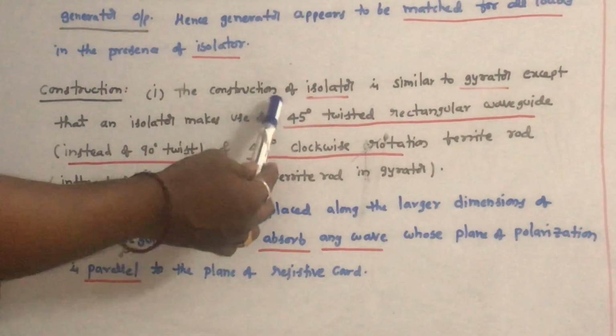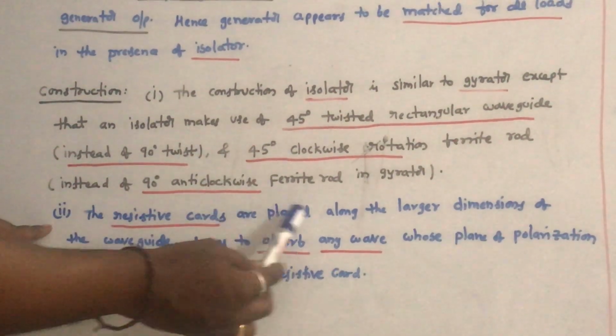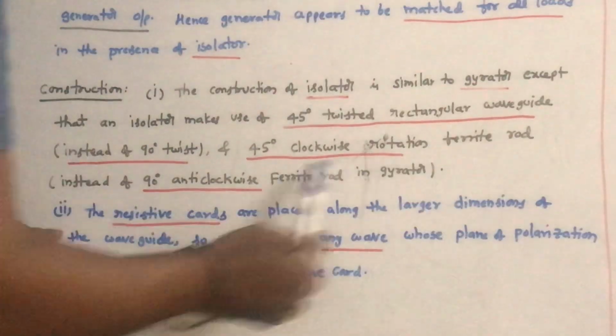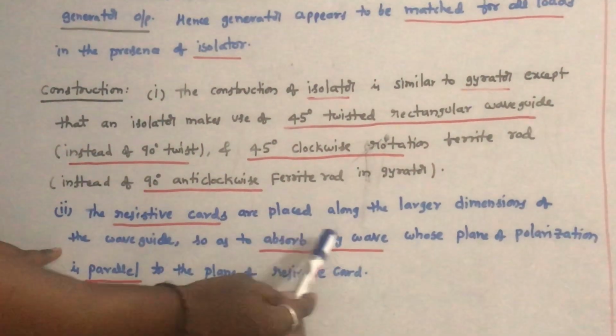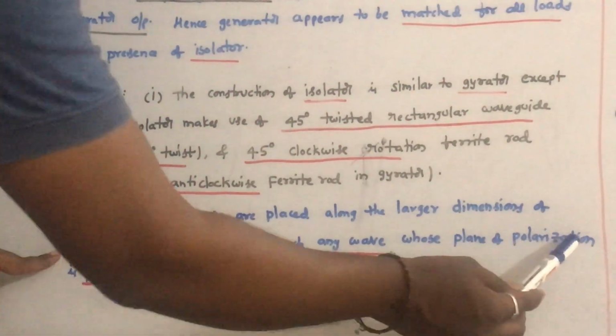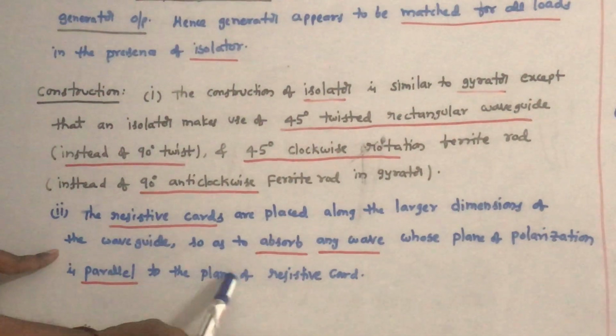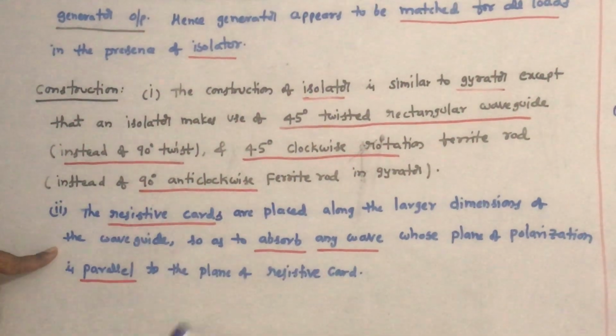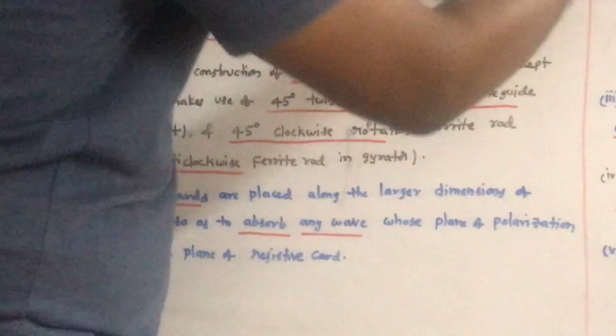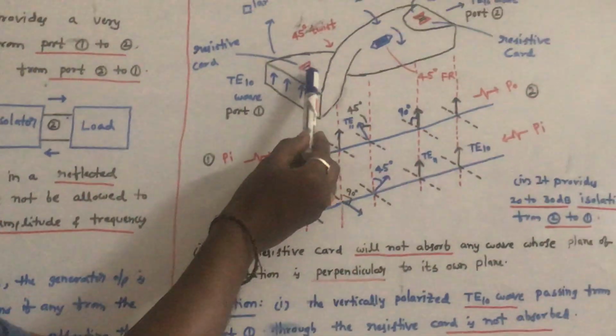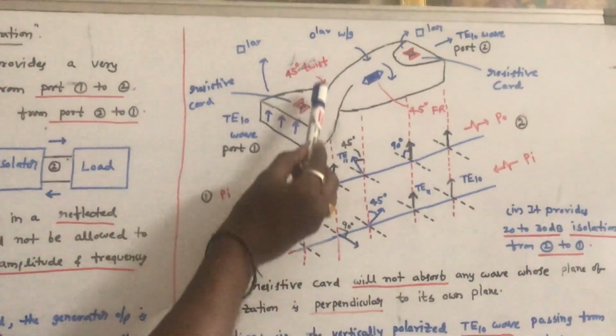In addition to this, resistive cards are placed along the larger dimension of the waveguide so as to absorb any wave whose plane of polarization is parallel to the plane of the resistive card. You can clearly see in this diagram two resistive cards, in addition to the gyrator differences.